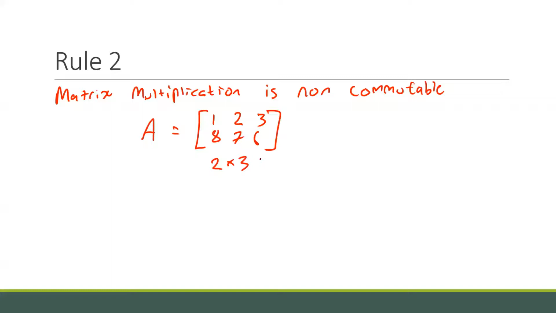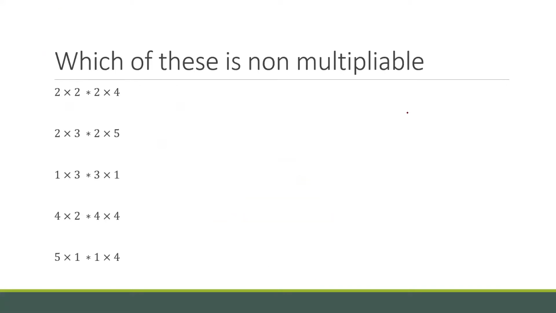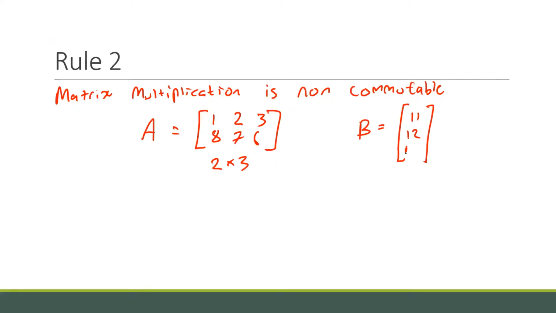Now let's take matrix B, and let's say matrix B is a 3 by 1 matrix. We're going to put 11, 12, and 14 into that matrix. Now, this is a 3 by 1 matrix.